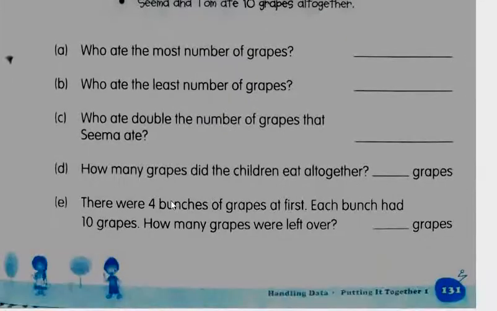Then there were 4 bunches of grapes at first. Each bunch has 10 grapes. Alright. Okay. This is a bunch, 4 bunches of grapes. Each one has 10 grapes. And how many grapes are there?